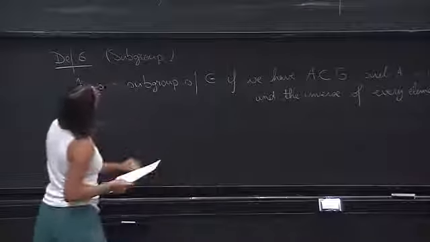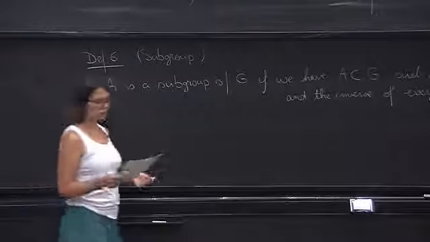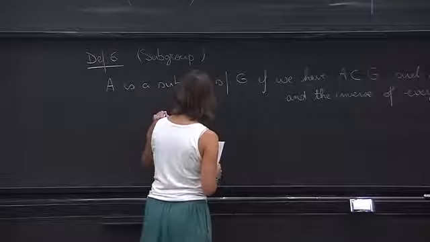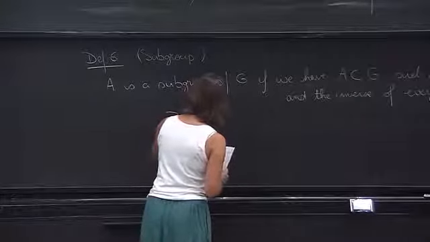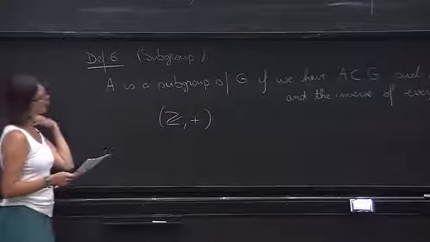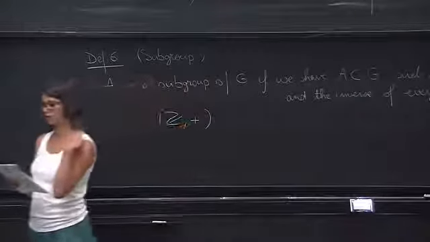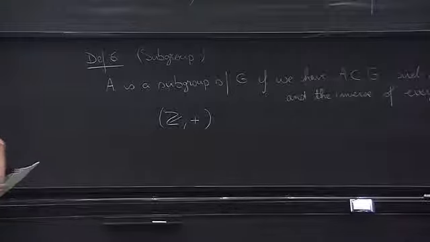So which example can we have? The set of even integers is a subgroup of the set of integers with the addition. And of course, each group has a trivial subgroup that consists only of the identity.